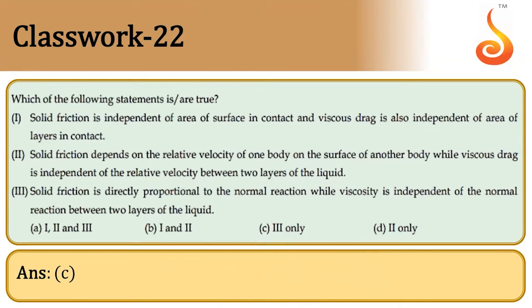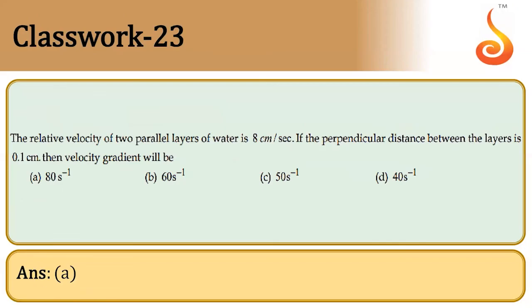Okay. Next. The relative velocity of two parallel layers of water is 8 centimeter per second. If the perpendicular distance between the layers is 0.1 centimeter, find the velocity gradient. Velocity gradient is nothing but dV by dx. So velocity gradient is nothing but relative velocity by perpendicular distance.